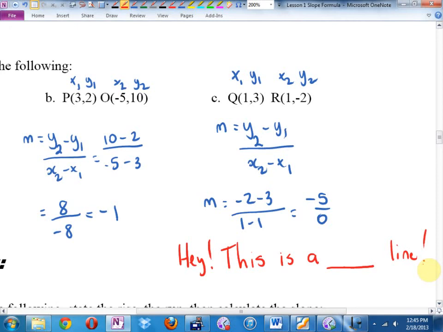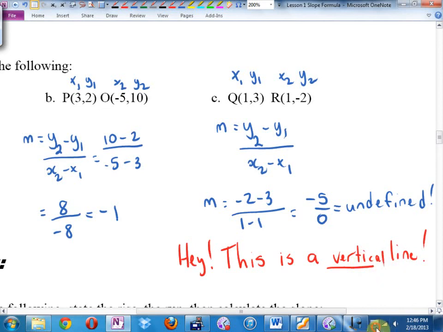Then I wrote down, hey! First of all, what is -5 over 0? Undefined. So what kind of a line is this if it's undefined? Vertical. What if the 0 was on top instead? Horizontal. A slope of 0.